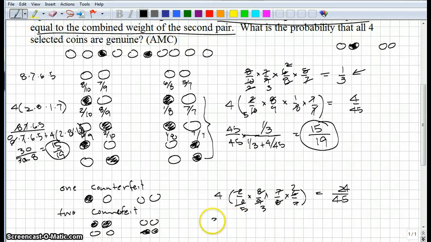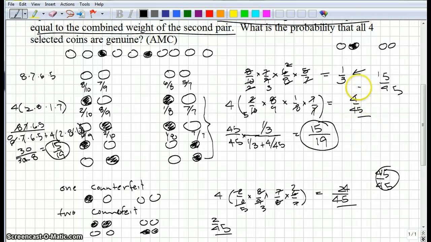So this is actually 2/45, and if we add up here, I should not circle that so that you can tell which one's the answer. But if you add up 2/45, 24/45, 4/45, and this is actually 15/45, you should get 45/45. Okay, so you can see these are the other scenarios where they don't weigh the same.